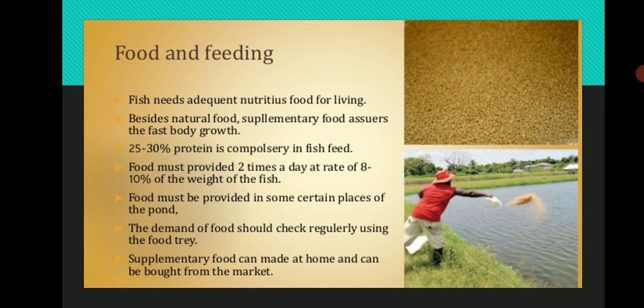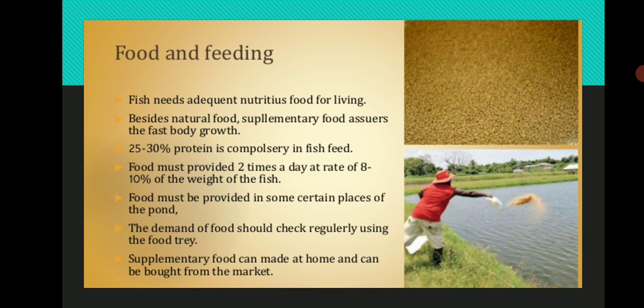Food and feeding. Fish need adequate nutrients for living. Besides natural food, supplementary food ensures fast body growth. 25 to 30% protein is compulsory in fish feed.